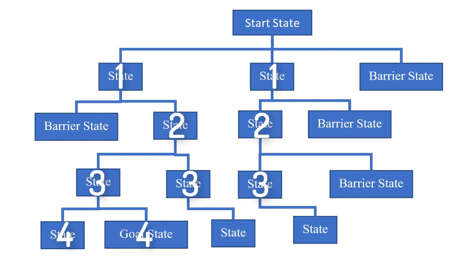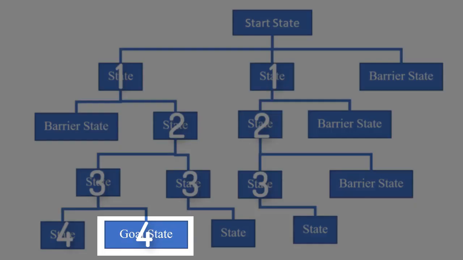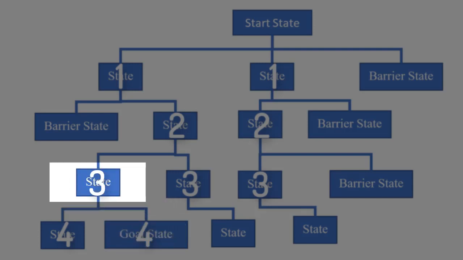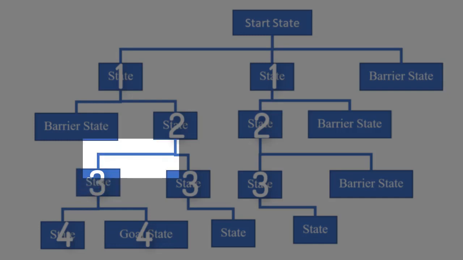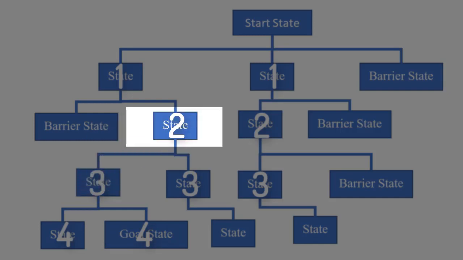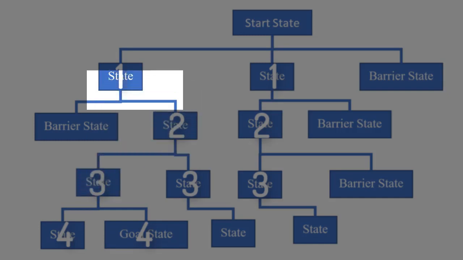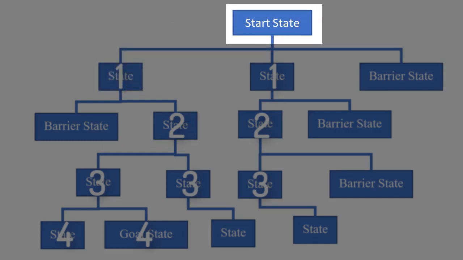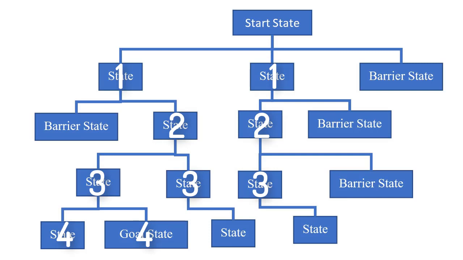From the goal state, which is number 4, we step backwards to a state labeled 3, then backwards to a state labeled 2, then backwards to a state labeled 1, then finally back to the start state. We keep each of these actions in a list as we're moving backwards. Finally, we have the robot execute this list of actions in the correct order.